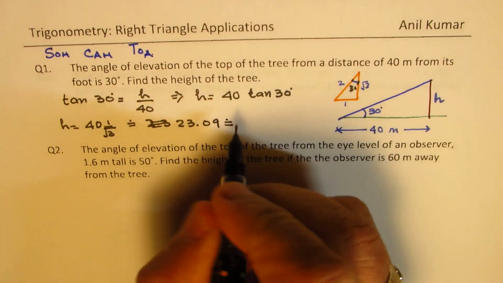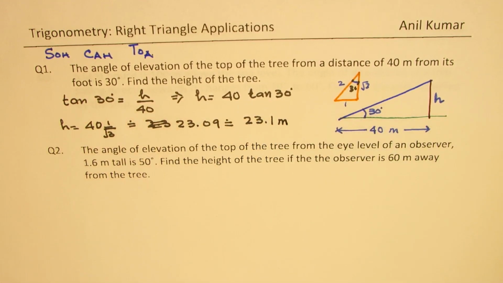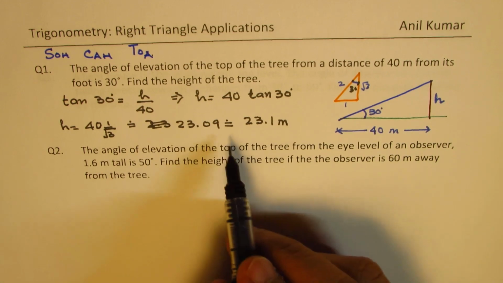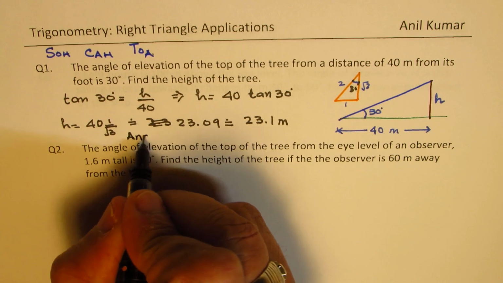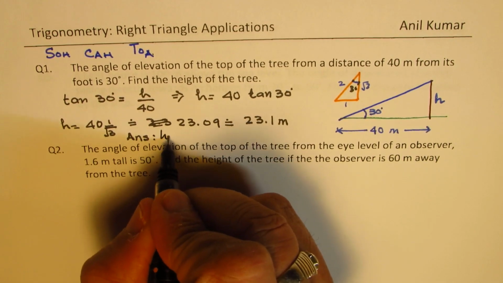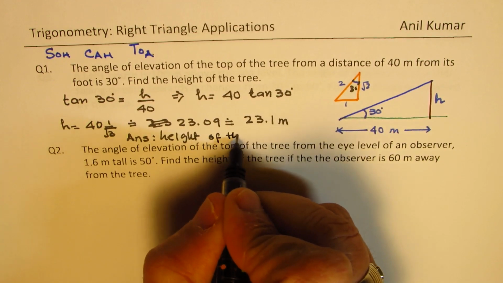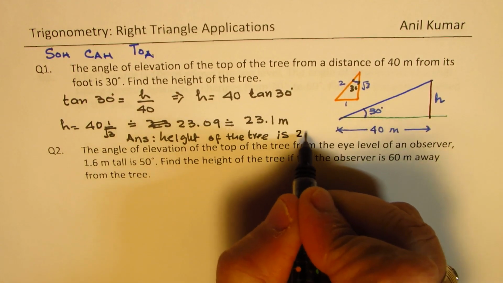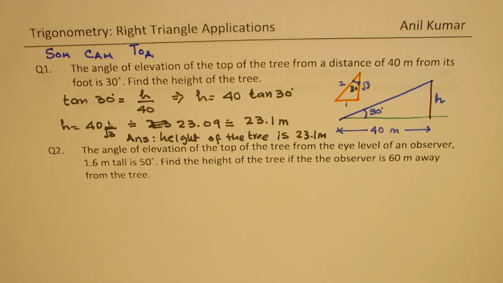So I'll approximate to 23.1 meters, right? That makes sense. So the height is 23.1 meters. So our answer here is height of the tree is 23.1 meters.